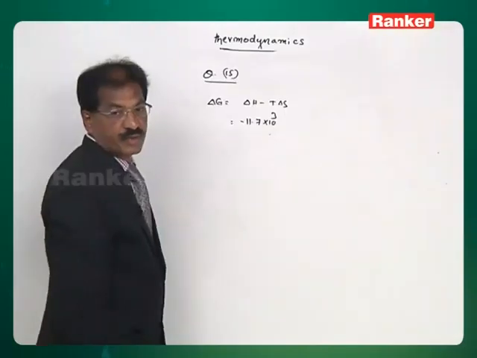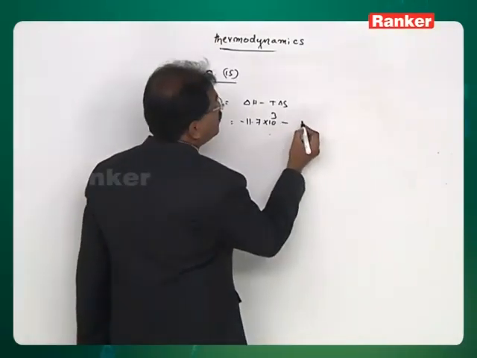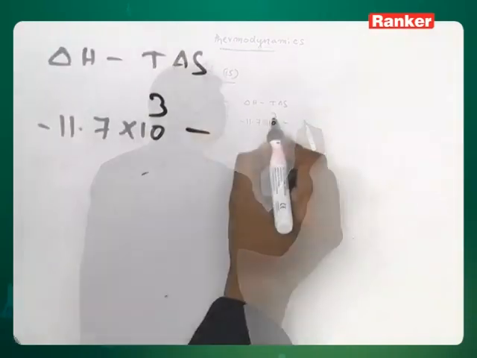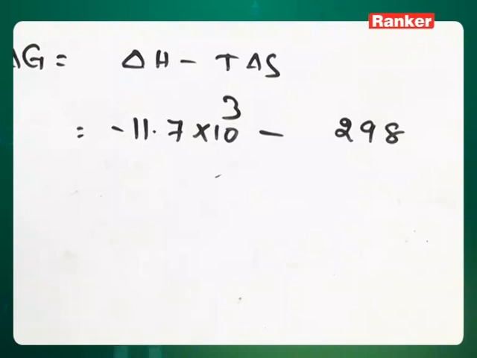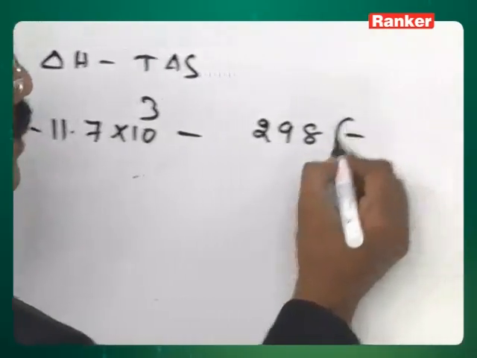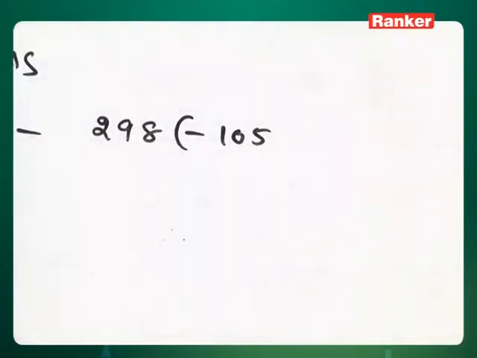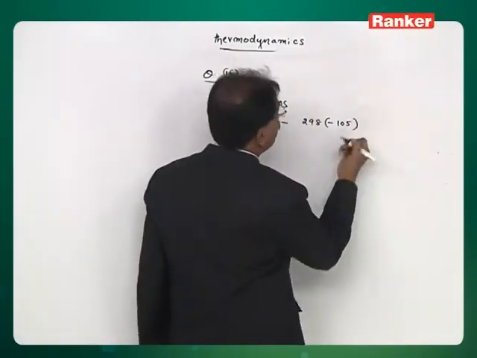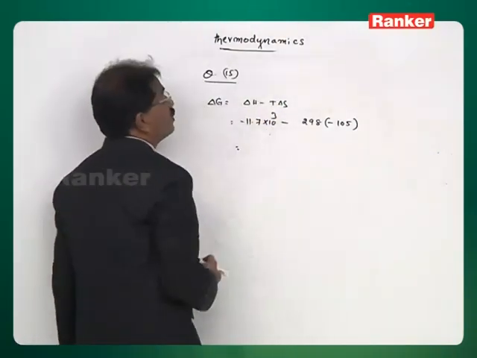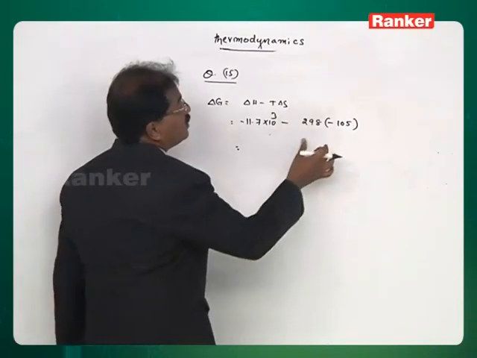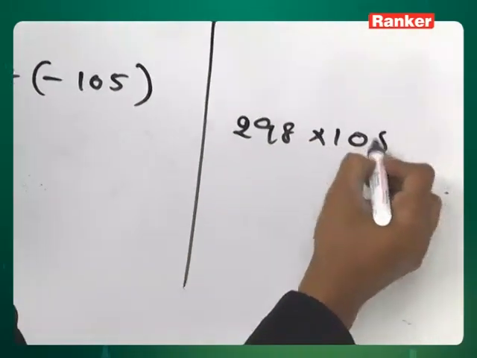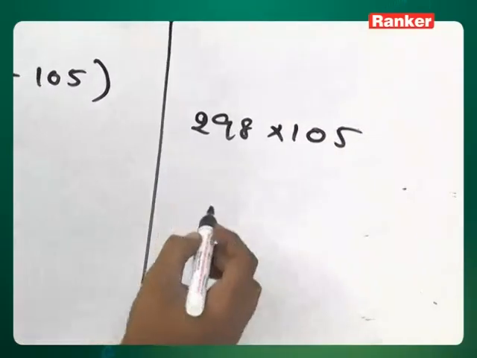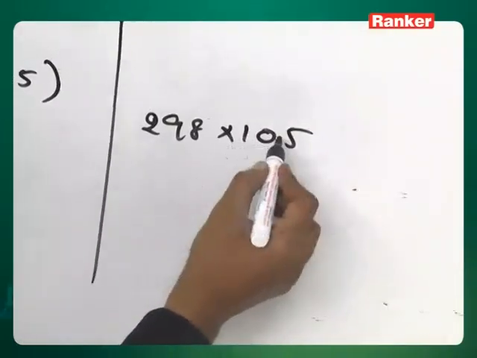Next, the temperature is 25 degrees, which means 298 Kelvin. Next, the entropy change is given as minus 105 joules per mole per Kelvin. Therefore, simplify the T del S first. This is 298 into 105.